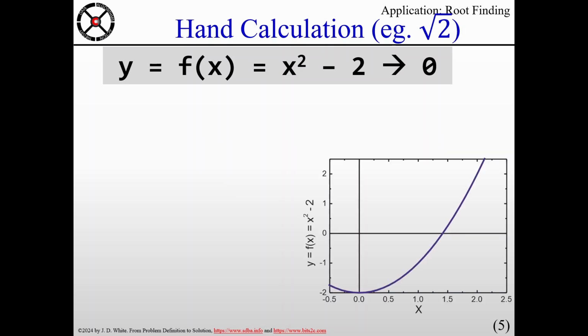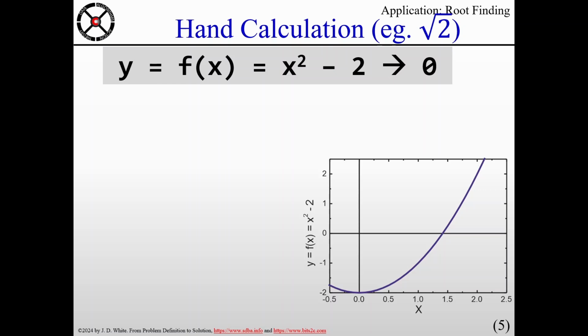Okay, we can look at a graph. I can now plot x squared minus 2. And I want this to go to 0. So if I plot that, here's x, and I'm plotting x squared. So this is a function of x, y. This is x, this is y, where y equals x squared minus 2.